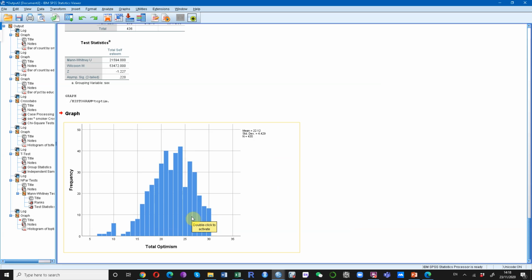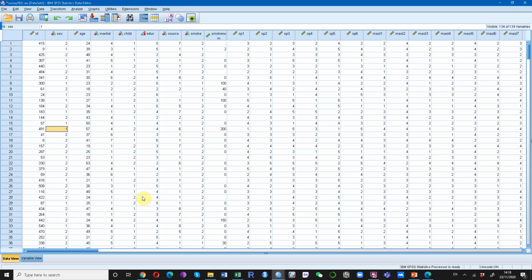So essentially, we need to use the Kruskal-Wallis test. But before we do that, let's assume that, again, it's a normal distribution. If we use the bell-shaped curve, you can clearly see that it's missing the right-hand side tail. Let's assume that it's a bell-shaped curve, and then we can actually run the one-way ANOVA.